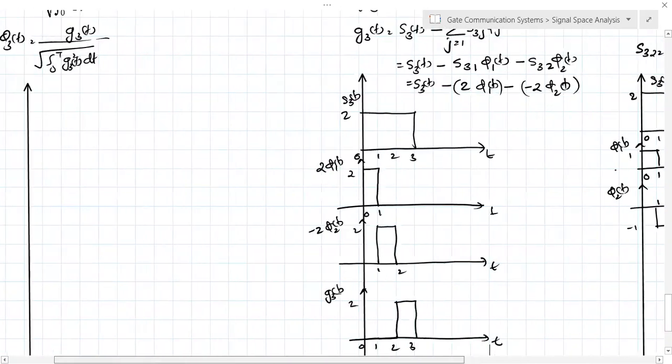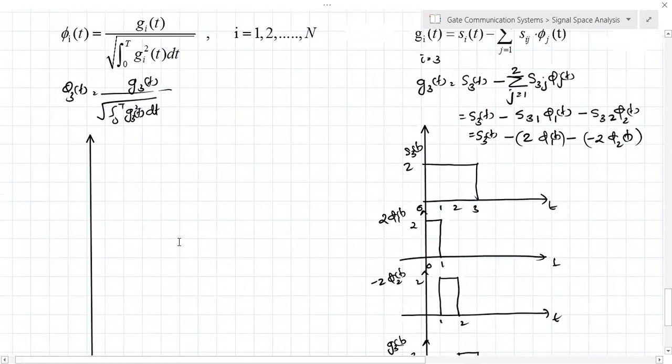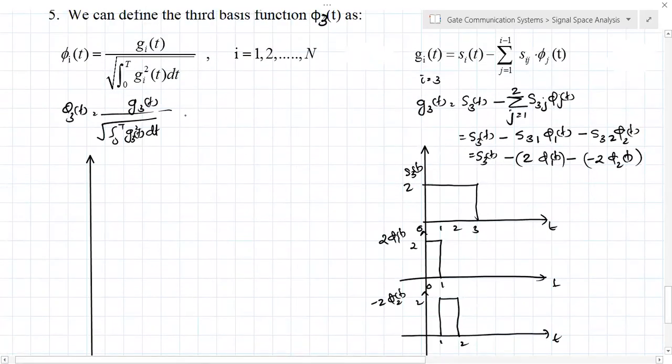Now we can go back to the first equation. Here we got G3 of t. Now we need the energy of G3 of t. So we can calculate it from 0 to t, G3 of t the whole square dt. G3 of t exists from 2 to 3, and the amplitude is 2. So 2 square dt, so we'll get 4 here.